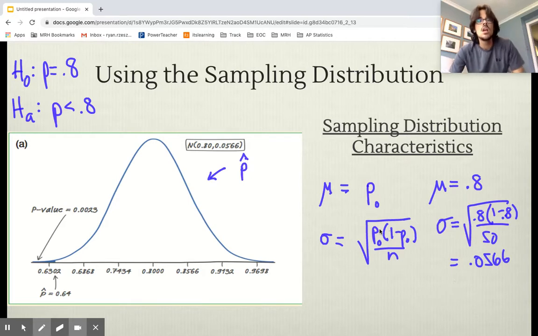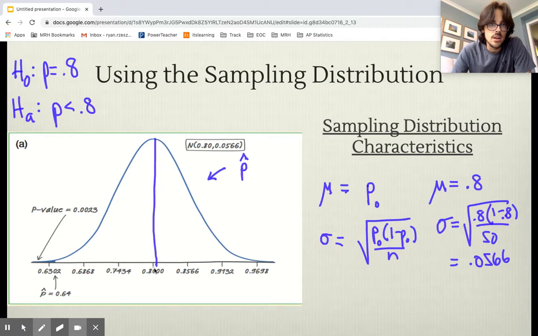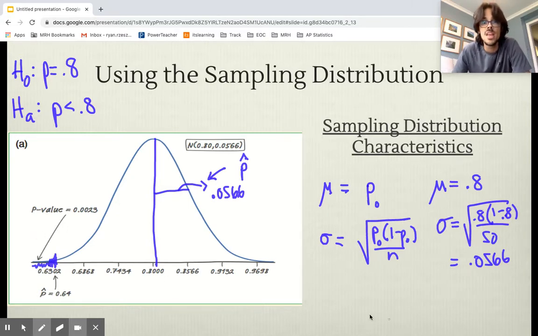Okay. So I know the mean of this graph, 0.8. I know the standard deviation of this graph, which I just calculated, is 0.0566. And I want to know how rare a 0.64 or even more extreme, or even lower, is going to be in this problem. This is just normal CDF, like we've already talked about.